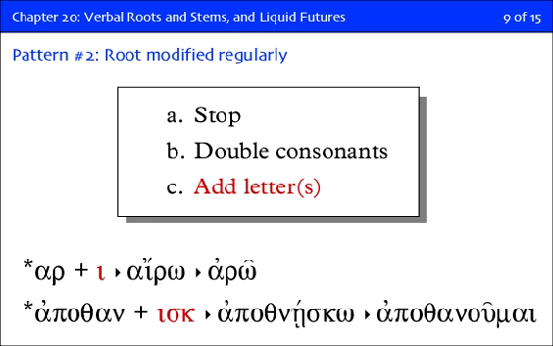Apothanumai, it's a future deponent. Now, if you memorize that apothanesko is the most basic form of the word, you get to apothanumai, you go, oh man, I just got to memorize this. No, all that you have to memorize is that the root of apothanesko is apothan, and when you get into the future, the only thing you have to remember is that it's a middle deponent.